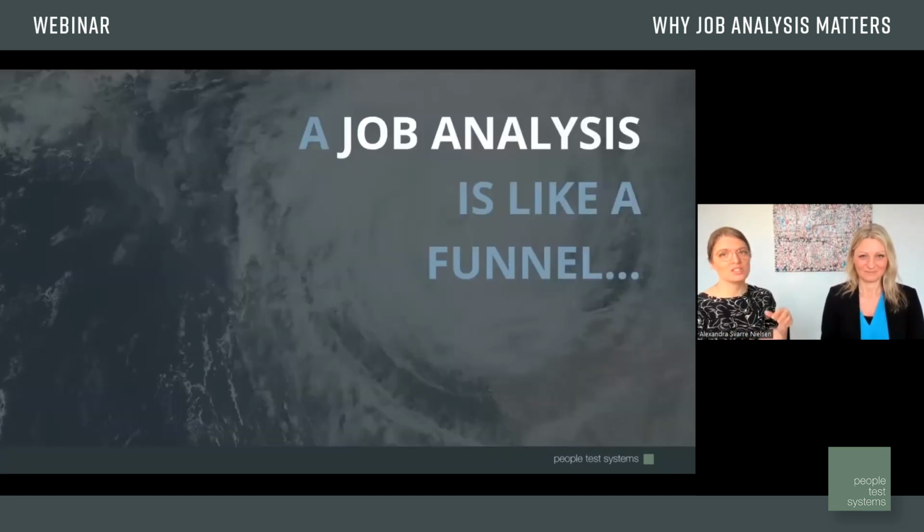So we need to see a job analysis like a funnel. If we don't have a job analysis, then we don't have the adequate basis for evaluating candidates. We won't know what is actually needed, and if we think we know, then we might be wrong. So it's really important that we make these decisions in the beginning.